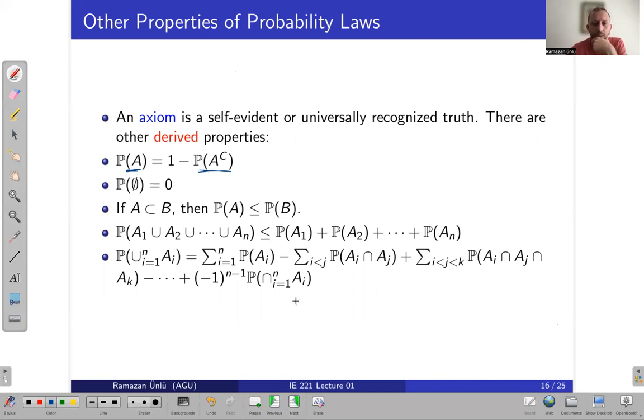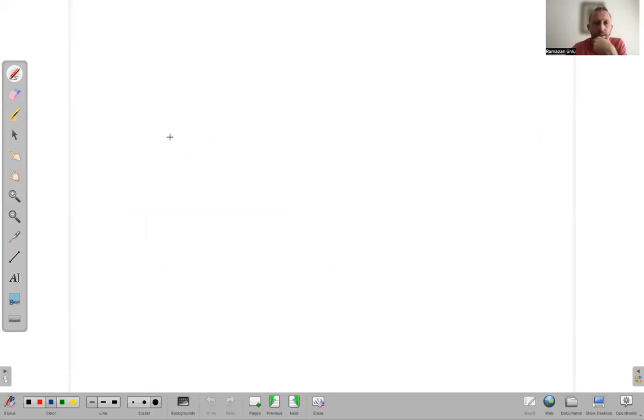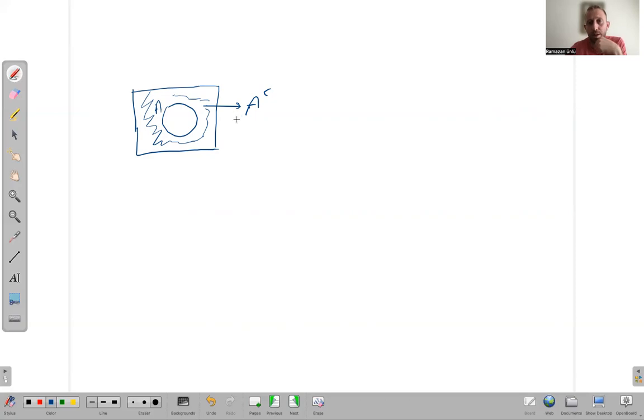Let me create another whiteboard. So let's say this is my omega, and I have only one event A, and this part is A complement, right? So A and A complement are disjoint events. That means there are no common points between A and A complement.